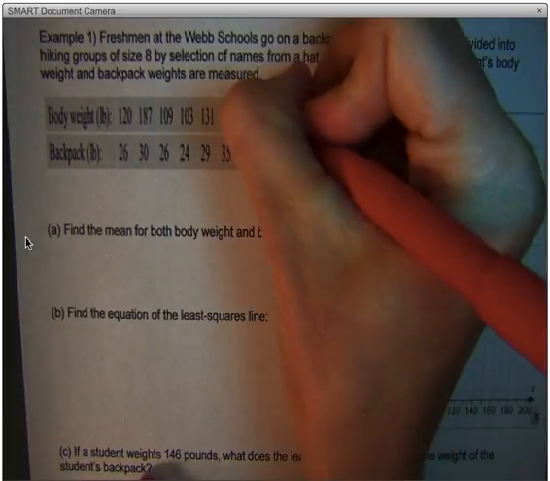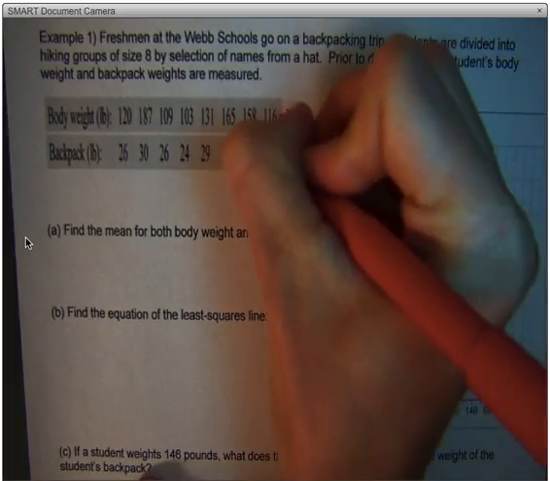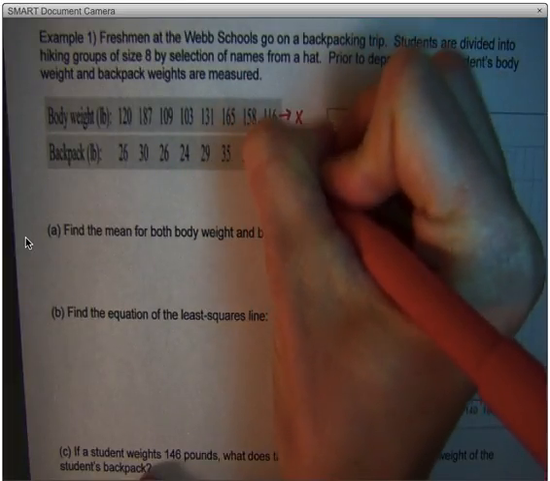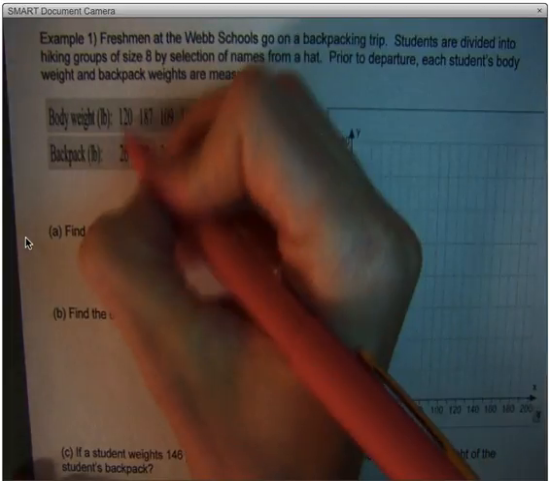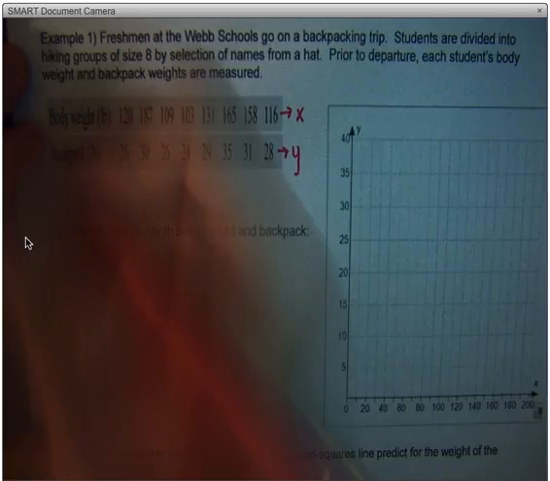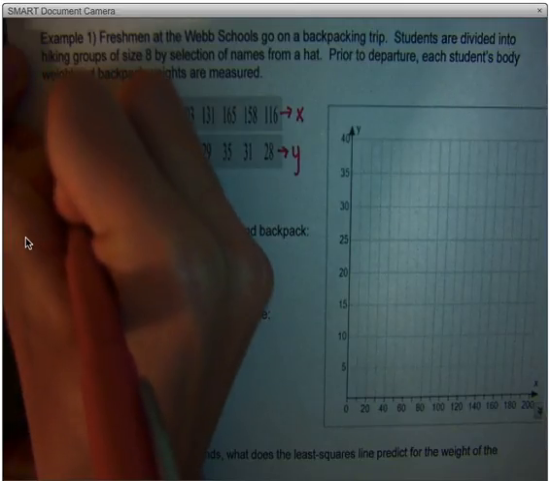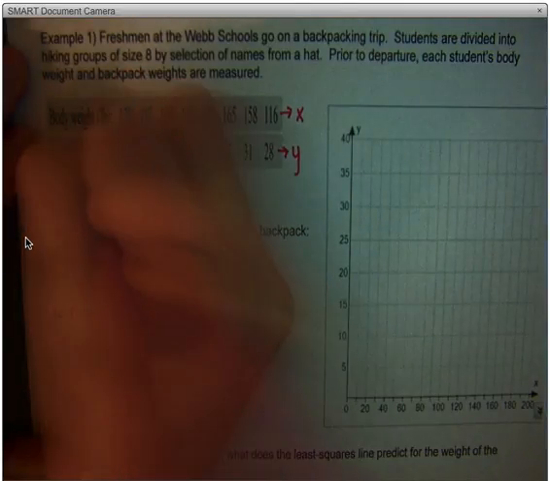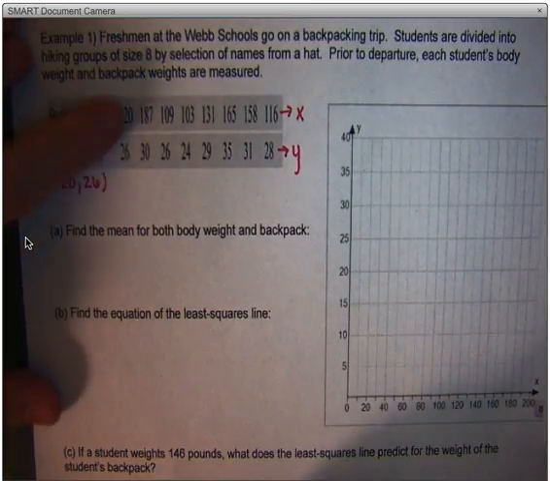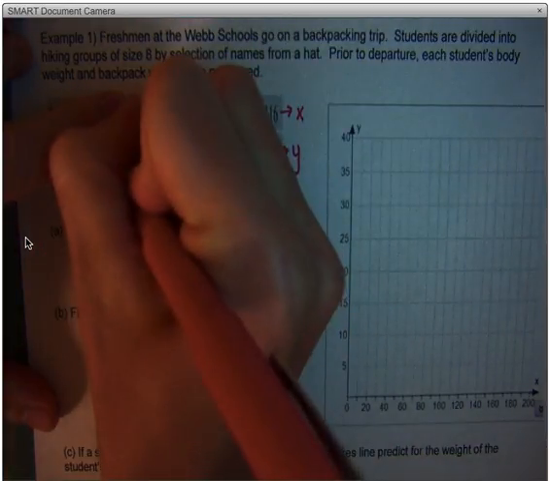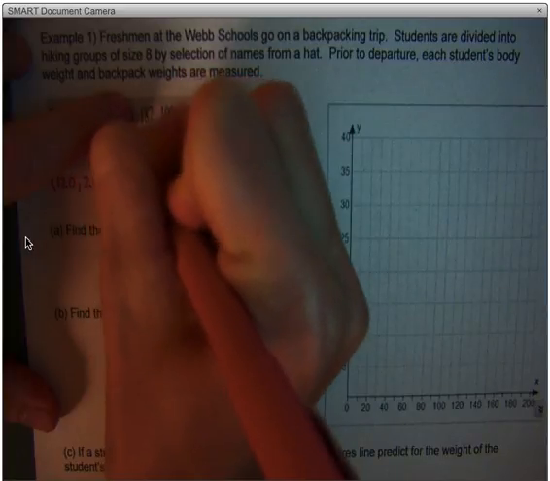Okay, so I'm going to call body weight X, and then backpack weight Y. Okay, so this right here tells me an ordered pair. So my first ordered pair should be 120 for my X value and 26 for my Y value. The second column tells you another ordered pair, so this would be 187 and 30.